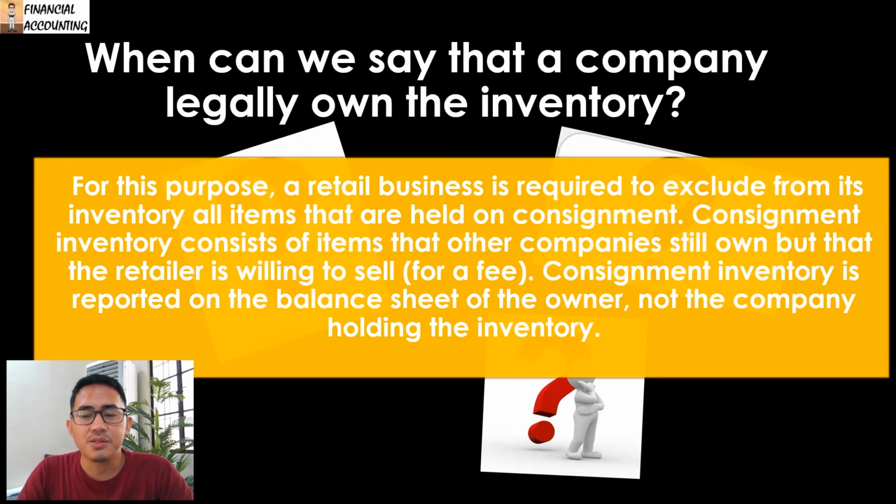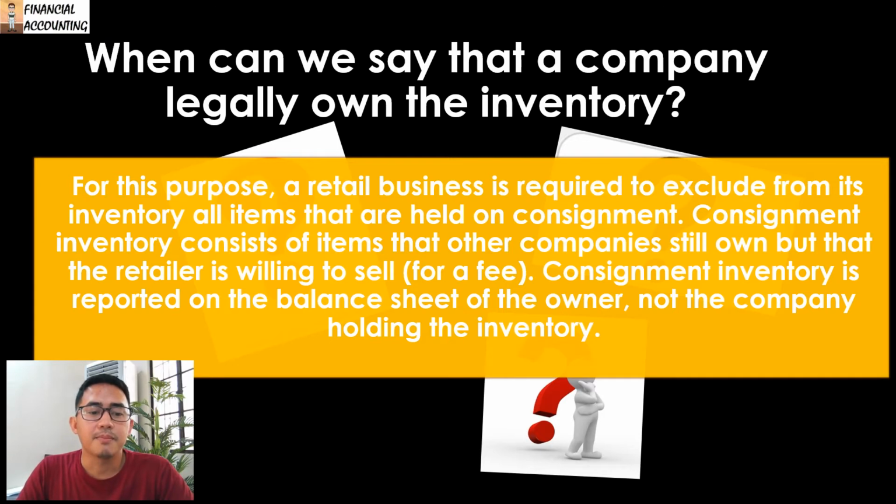Okay, so normally class, when consignment happens, there is actually no transfer of ownership of the goods. When the consignor delivers the goods to the consignee, there is no transfer of legal ownership of the goods. There is just transfer of the possession of the goods. But the owner is still the consignor, not the consignee.